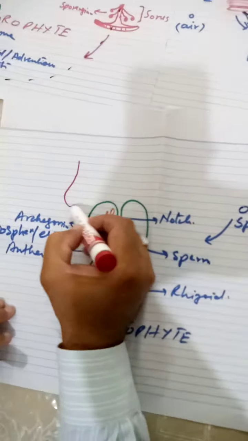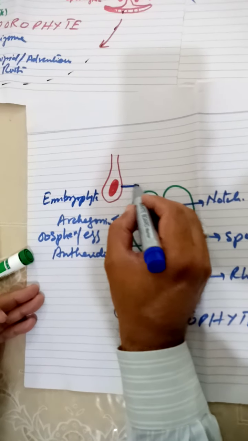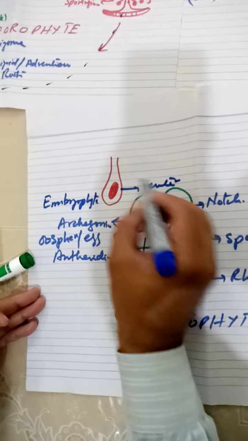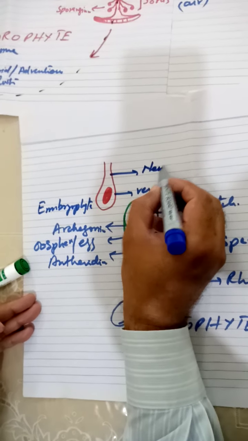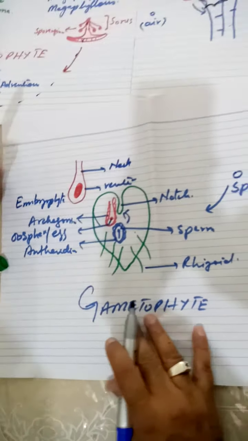The archegonium forms the zygote. Within the zygote, the embryo develops. That is an embryophyte. The base is called the venter. It is called its neck, and once again it changes into the sporophyte.